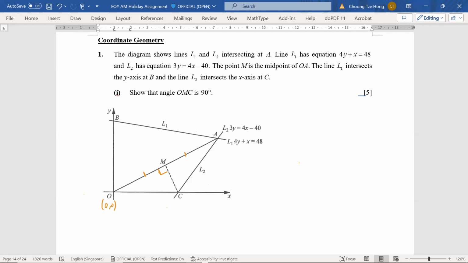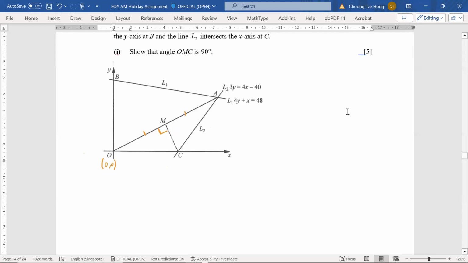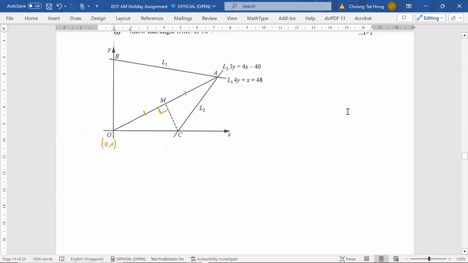A is the intersection point of L1 and L2. The moment you hear intersection point, you should be thinking about simultaneous equations. So that's what we are going to do to find the coordinates of A. L1 is 4y plus x equals 48.